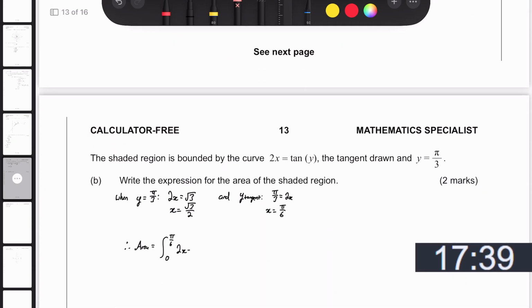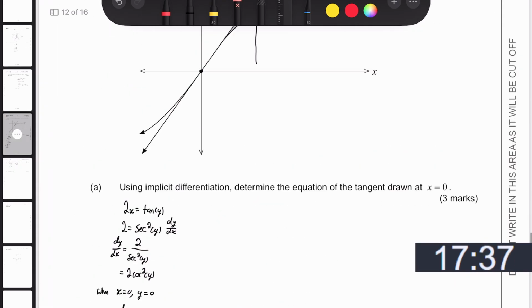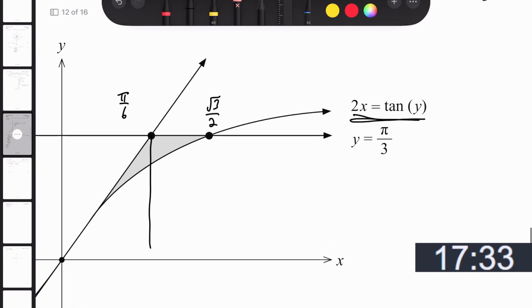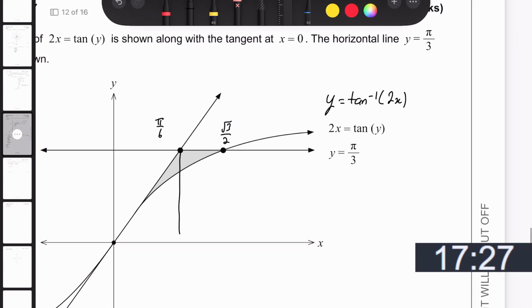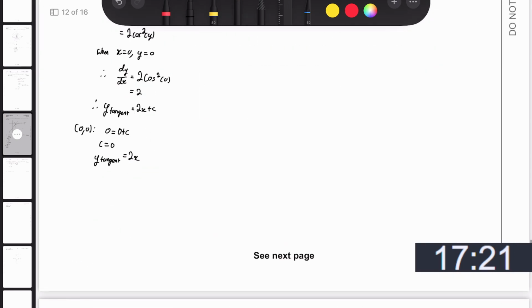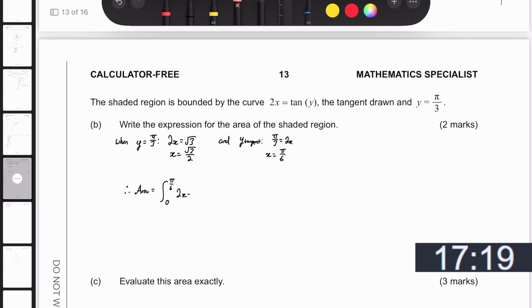The area of the shaded region. Because I'm going to need y in terms of x for this, but then y is going to equal tangent negative 1 of 2x. Now, I don't think I'm going to be able to do that. We'll anti-differentiate that. So let's do around the y-axis.